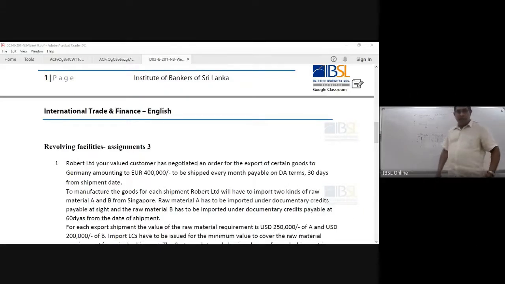And it will mature, in other words fall due for payment, two months after the receipt of documents.